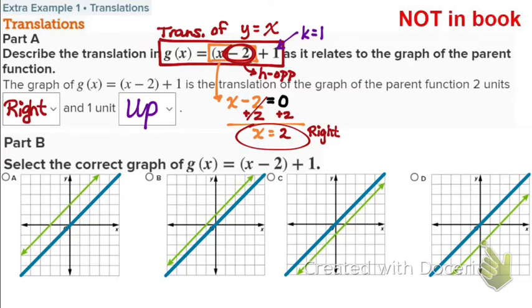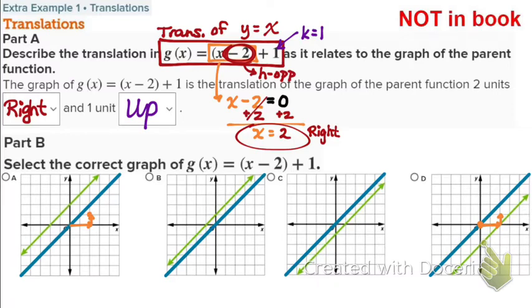Let's look. D, I'm going to pick out a point. If I take this to the right 2 and up 1, is that a point on my line? No. What about if I go back over here to A? To the right 2 and up 1, is this point on my line?